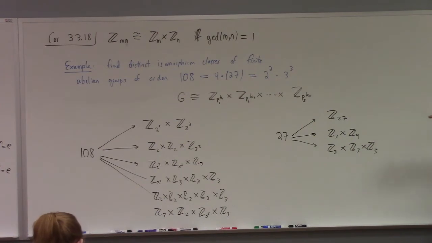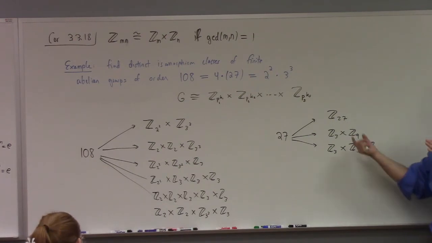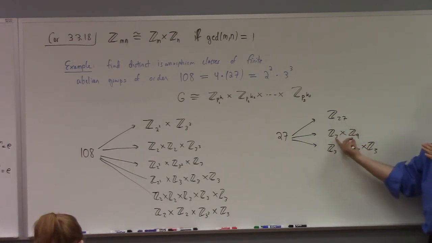These are not isomorphic. Why? It's easy to show that these are not isomorphic because they have different elements. I mean, one is cyclic. Is this cyclic? It is not, because 3 and 9 are not relatively prime. So this is not cyclic, which you can easily deduce from other things.